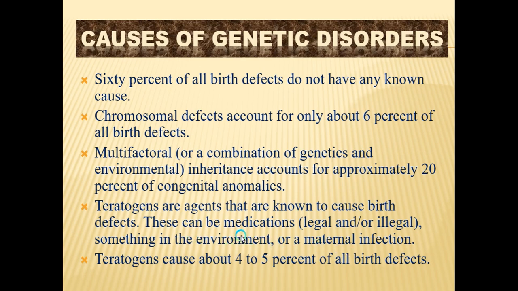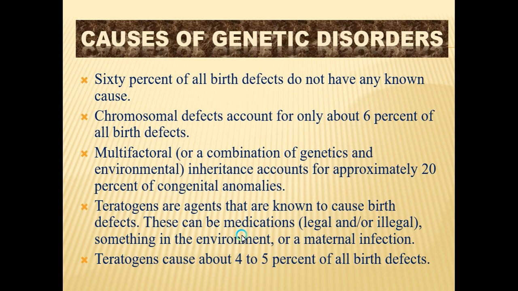For environment, you must have heard about Nagasaki and Hiroshima. You must have heard about the Bhopal gas tragedy. Whenever you have such environmental factors, the children who are born after the exposure show multiple abnormalities.